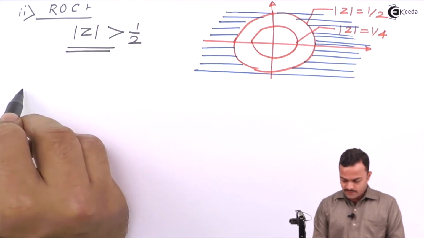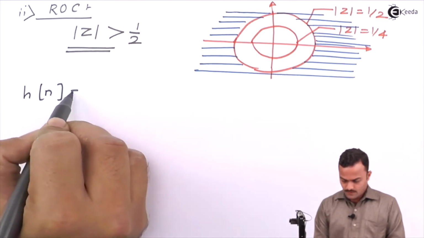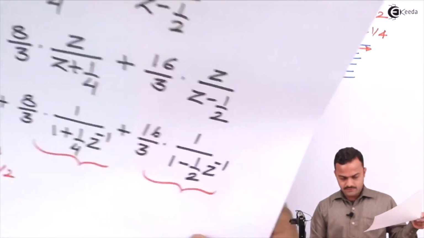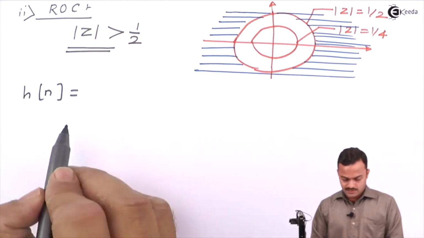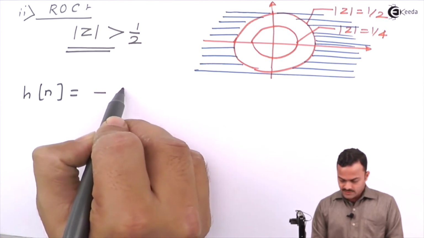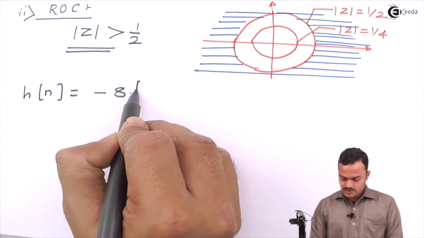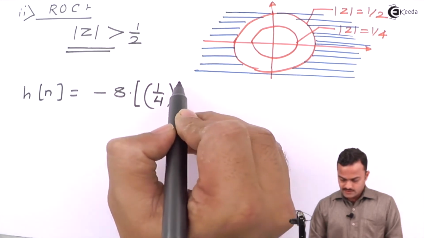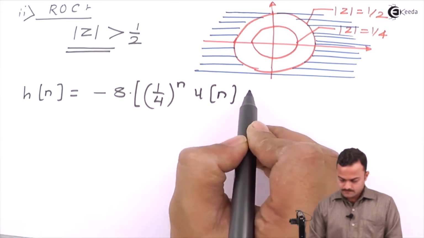So we'll get h of n as, the h of z will have this value. Whenever we are outside the circle, it will have the same magnitude without any change in the sign. A raised to n, in this case, is 1 by 4 raised to n u of n.